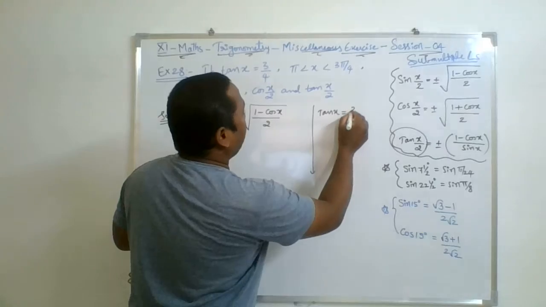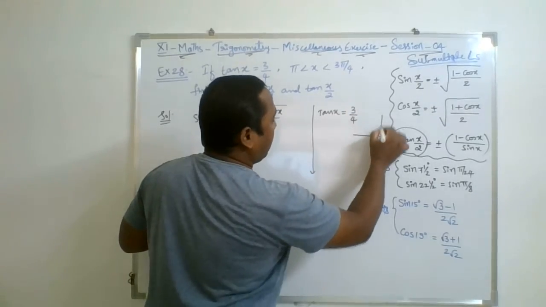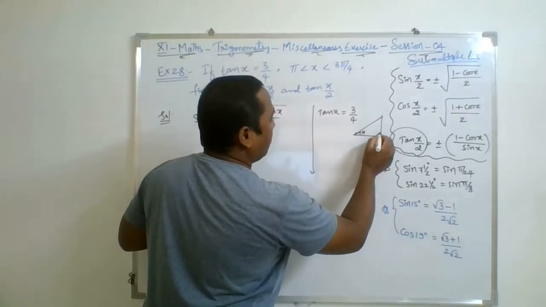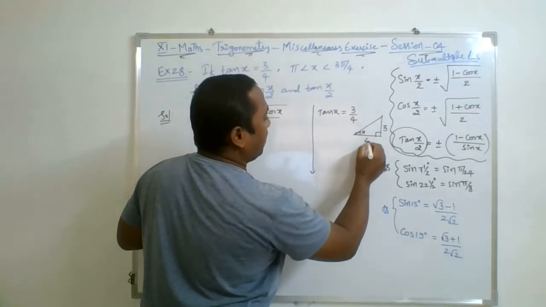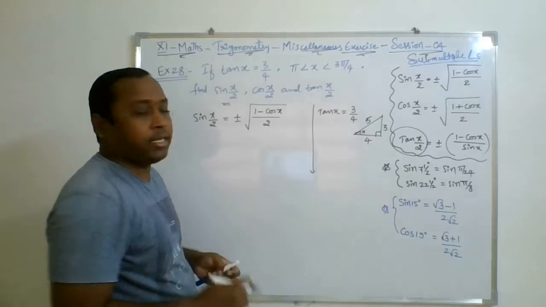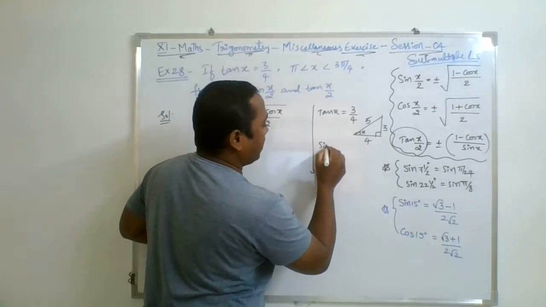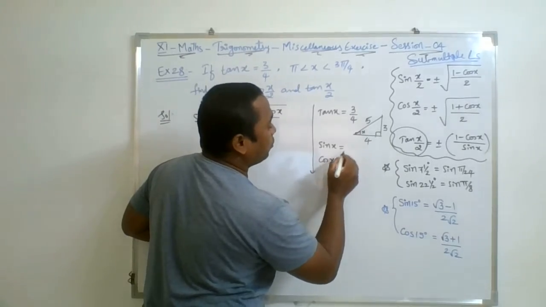If tan x is equal to 3 by 4, it means in a right angled triangle with angle x, the perpendicular is 3 and the base is 4. By using Pythagoras, I will be able to find the third side. And then with the help of this right angle triangle, I can get the sin x value and cos x value also.